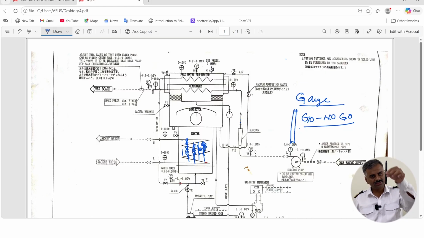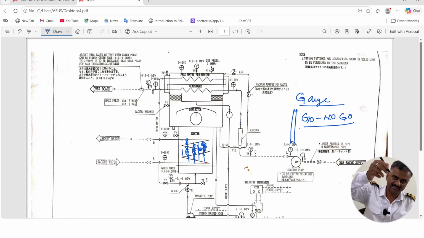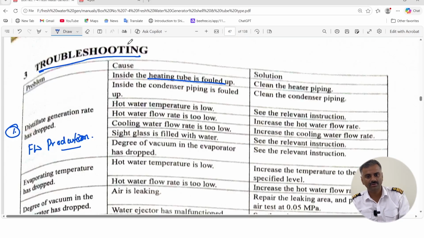So when you put this inside the tube, the gauge should easily go in and come out. If it is easily moving in and coming out, that means the tube is not fouled. And if the tube is obstructed or fouled, this gauge will not move further. As the name says, go no go, either it will go or it will not go. Through this you can identify the fouling.